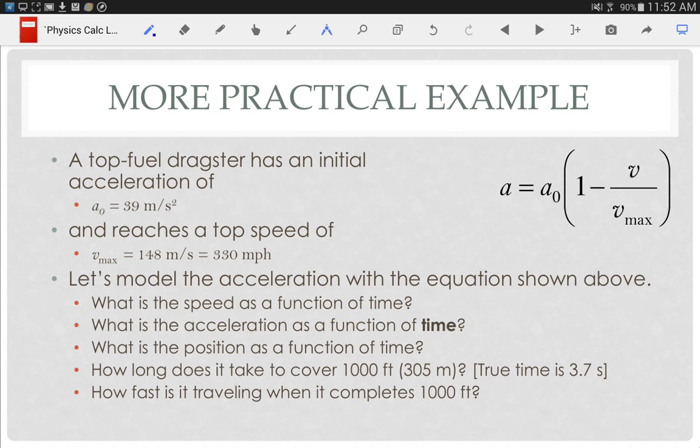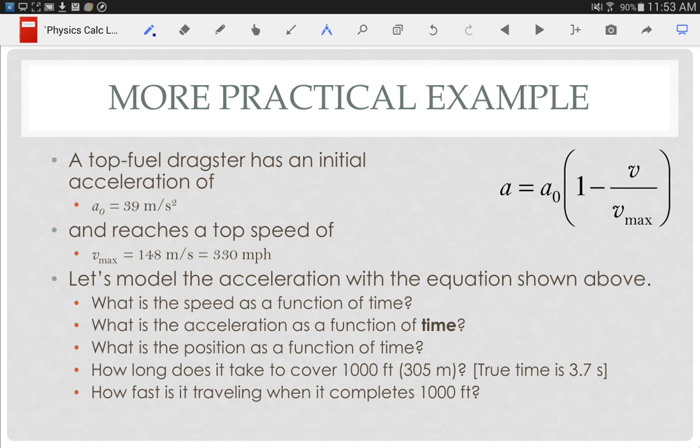Now, a more practical problem. A dragster, here are some real values. The acceleration for a dragster, according to what I read, is 39 meters per second squared as the maximum acceleration. That's right about 4 Gs. So they get pushed back in their seats pretty hard.